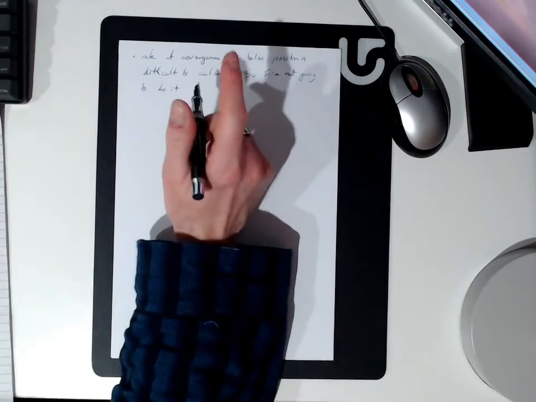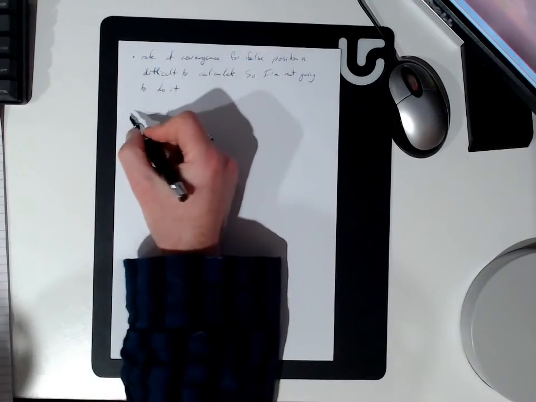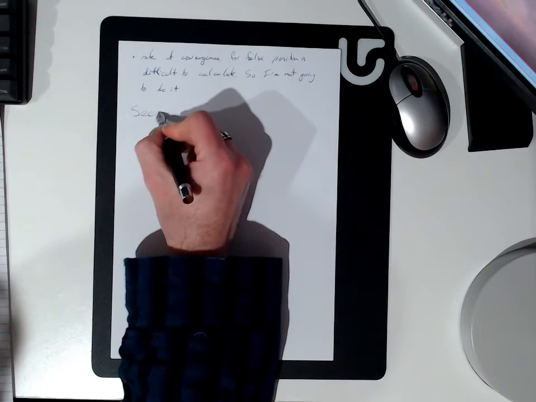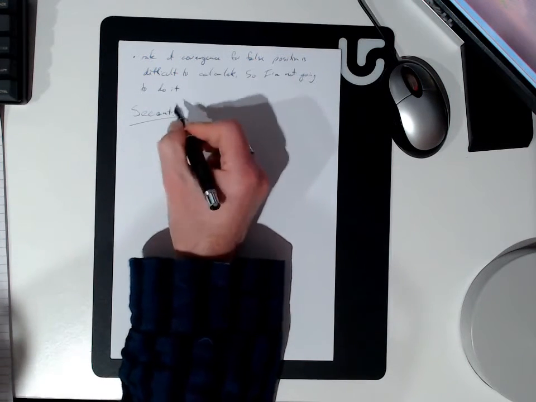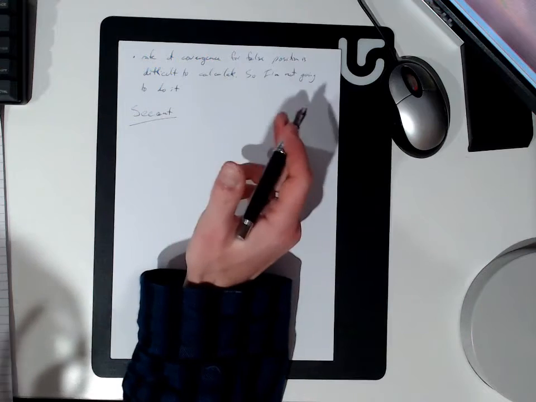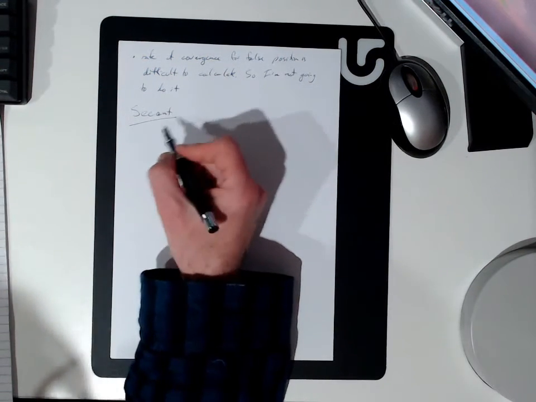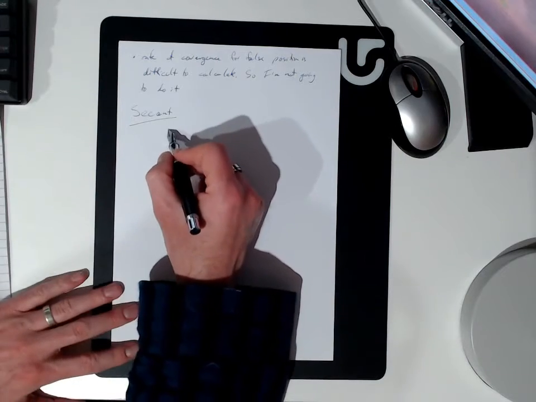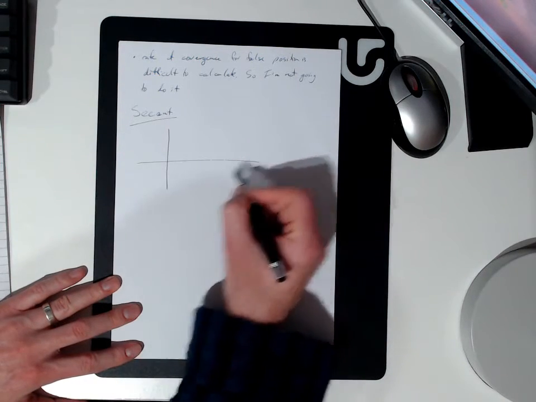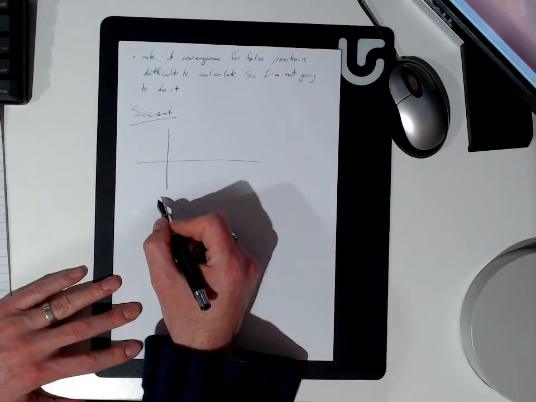Instead, I'm going to show you the second method, and I will work out the convergence for the second method, and that will have an implication for the convergence for false position. So secant is almost exactly the same as false position.